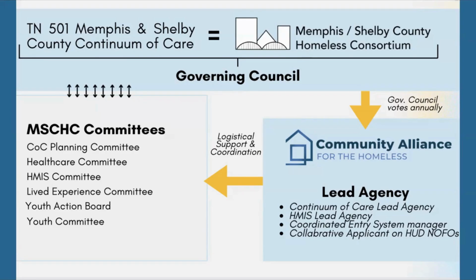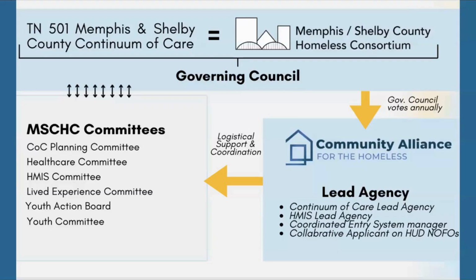We have a governing body that runs essentially the homeless consortium, and they vote annually to have Community Alliance for the Homeless be the lead agency. And as I said before, we are the COC lead agency, the HMIS lead agency. We facilitate the coordinated entry process, and we're also the collaborative applicant to submit applications to HUD on behalf of Shelby County. We also provide logistical support and coordination of our committees that are in the consortium.